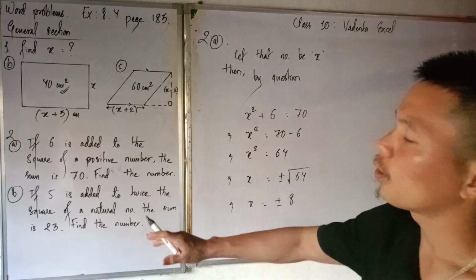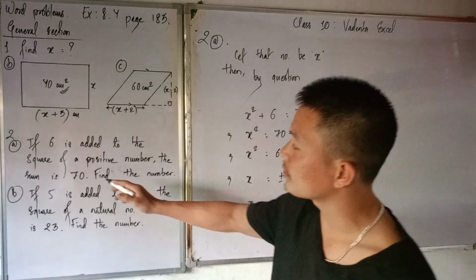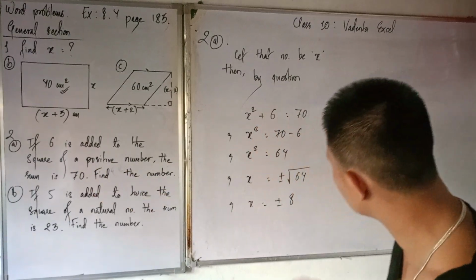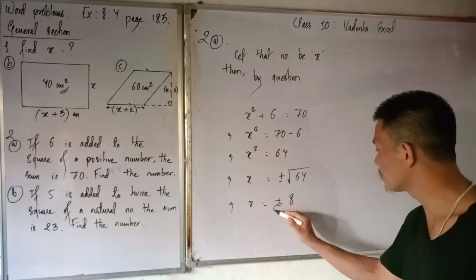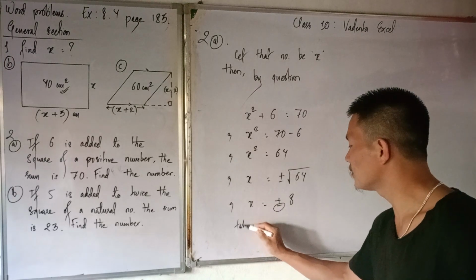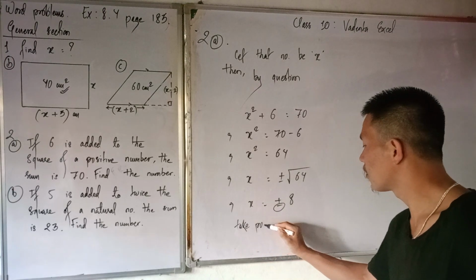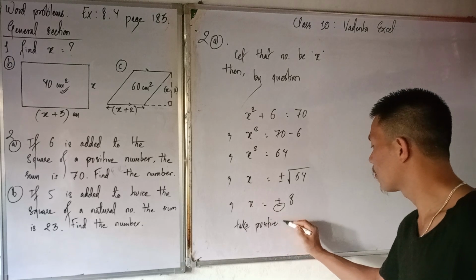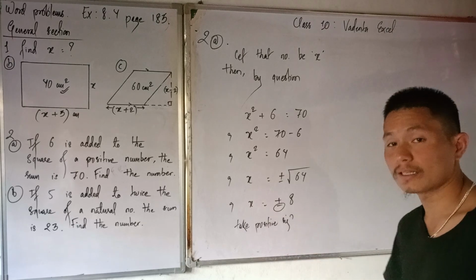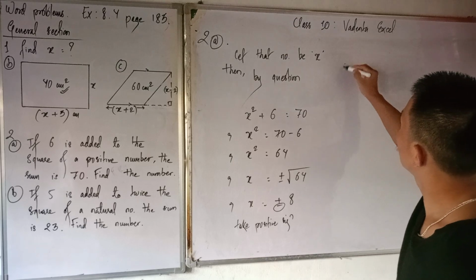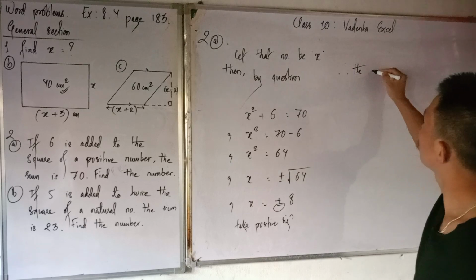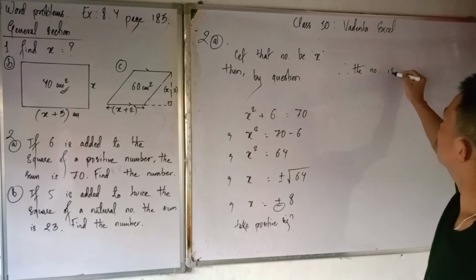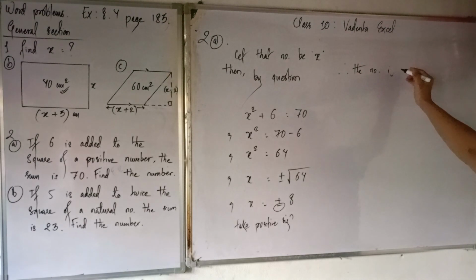In the question we have already mentioned that the number should be a positive number, so you just negate the negative sign, take the positive sign, therefore the number is 8. Finished.